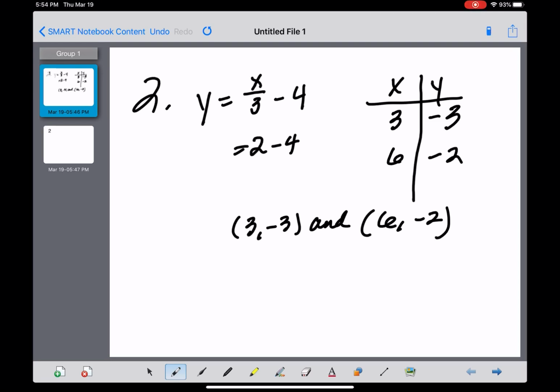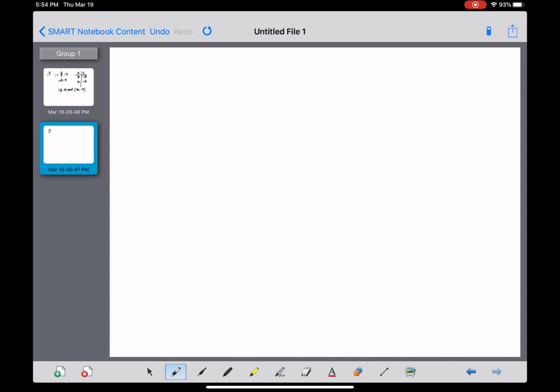The next one I want to do is number 5. On number 5, the directions say find the slope of the line. And you have the formula for slope of a line. Slope of a line is represented by M equals y2 minus y1 over x2 minus x1.